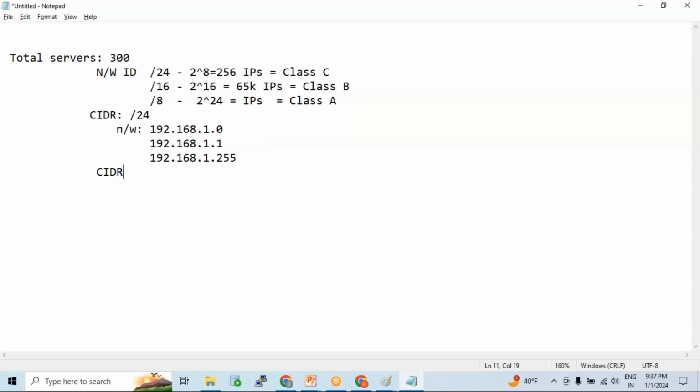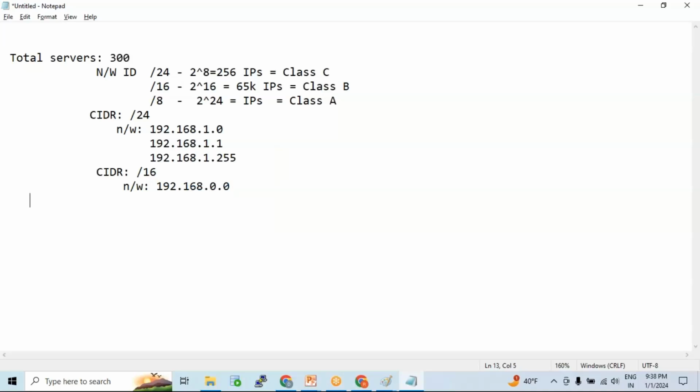Okay. So let's say I go with /16 as the CIDR. Now give me some example, guys. What will be the network ID for this? Maybe I'll do it like this: 192.168.0.0. That's how it works.